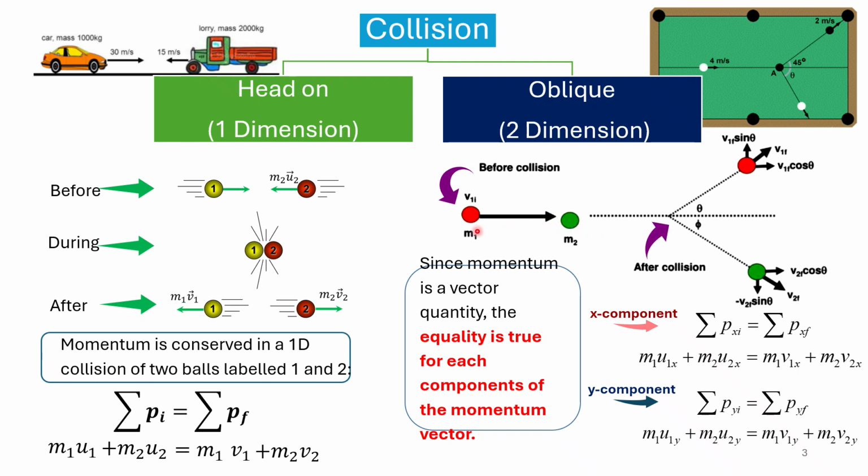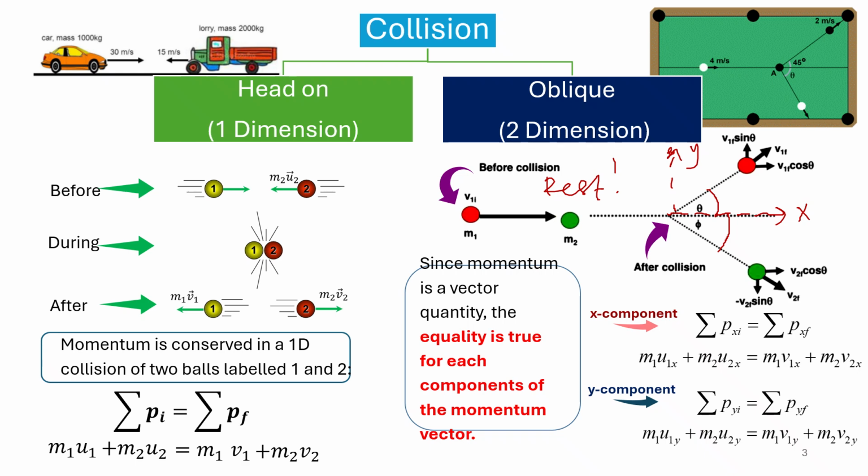As you can see here, the red ball hits the green ball which is at rest, and after the collision they move separately. The red ball has a finite angle and the green ball also has a finite angle. If we separate these two, we have the x component and y component.